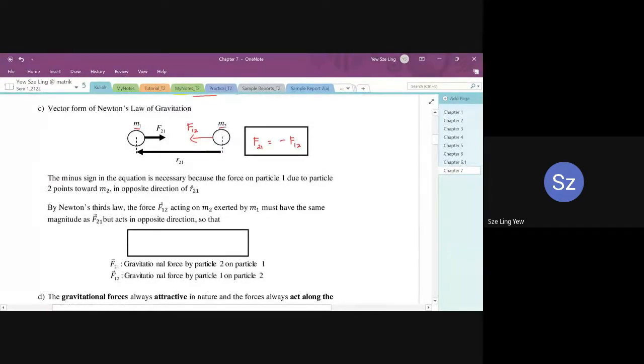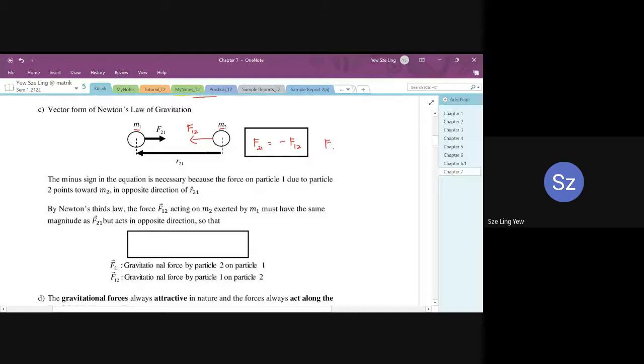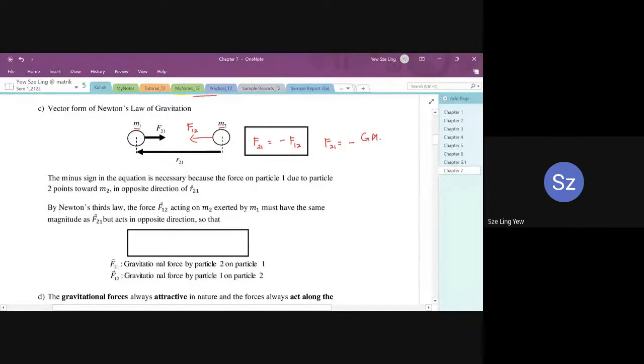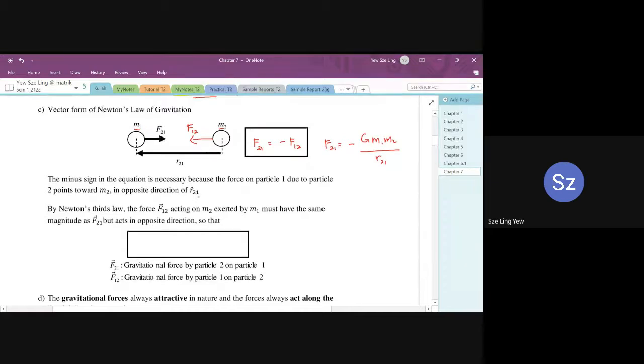The minus sign in the equation is necessary because the force acting on particle 1 due to particle 2 is pointing in the opposite direction. This gives you an equation: F21 equals negative G m1 M2 over R21, because of the directions of 2, 1.